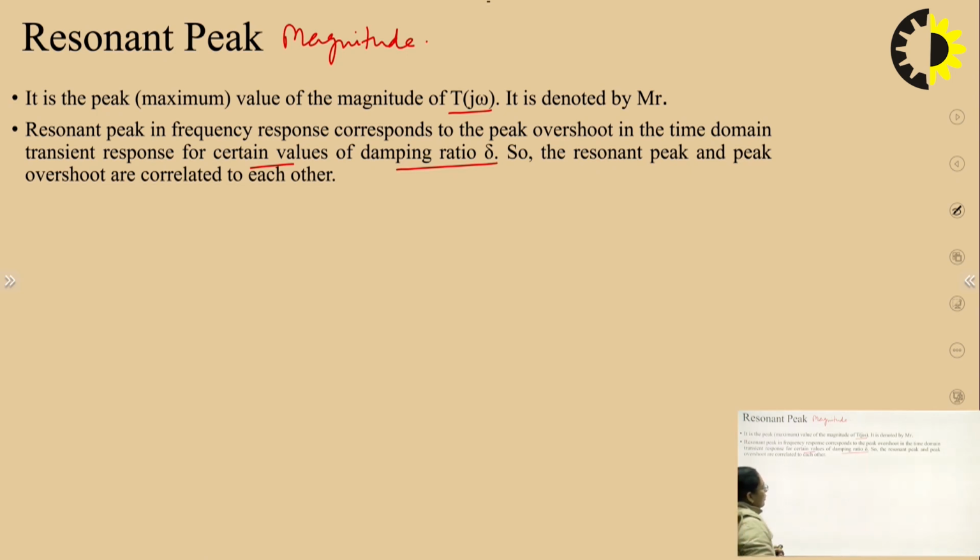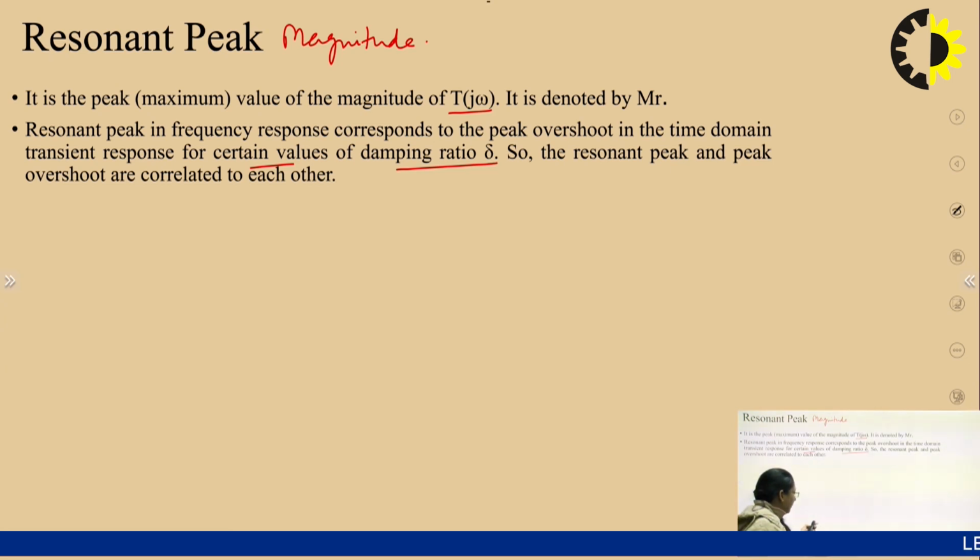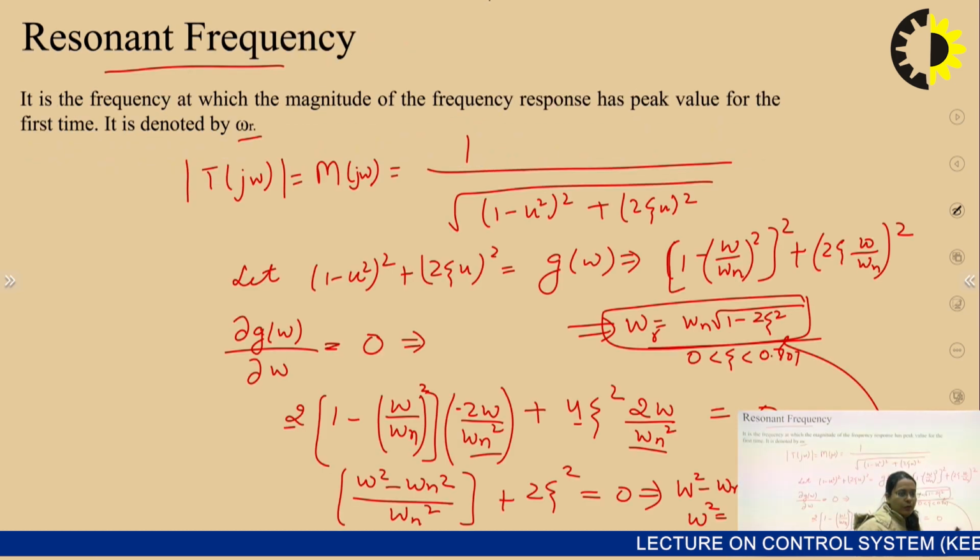So the resonant peak magnitude and peak overshoot are correlated with each other, right? There we are representing the peak overshoot with Mp. Here resonant peak is represented by Mr, okay? So resonant peak is obtained at the resonant frequency. So the value of the resonant frequency I have derived is this, okay?